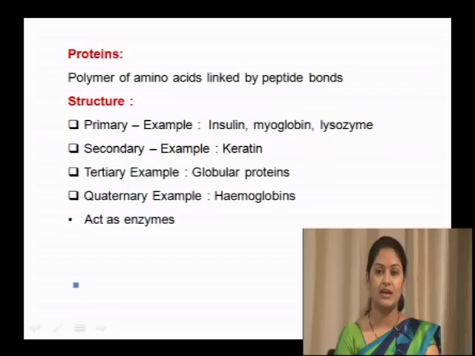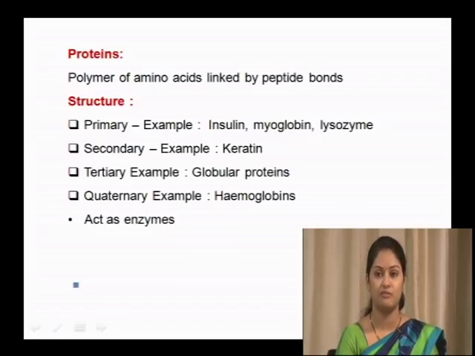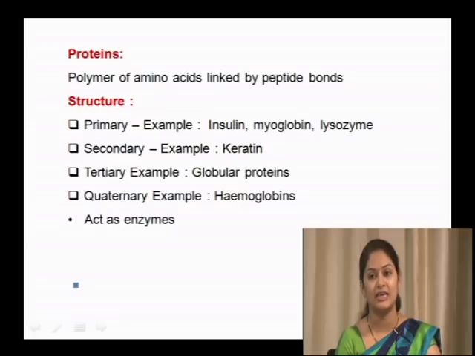Quaternary proteins are made up of more than two polypeptide chains which are associated with each other. For example, hemoglobin contains two kinds of polypeptide chains, indicated as the alpha chain and the beta chain. And the last function is also mentioned. It is a special and very important function of protein. They also act as enzymes.